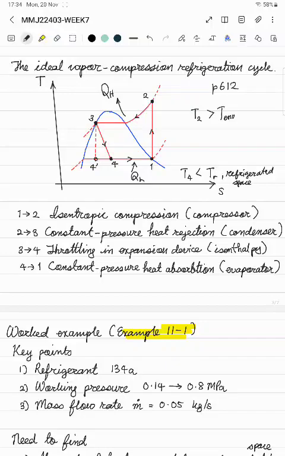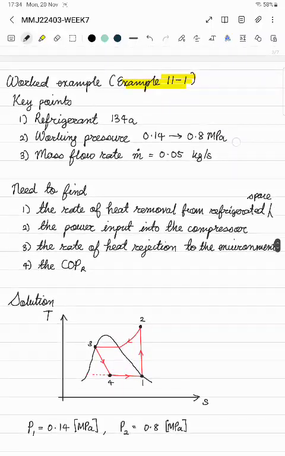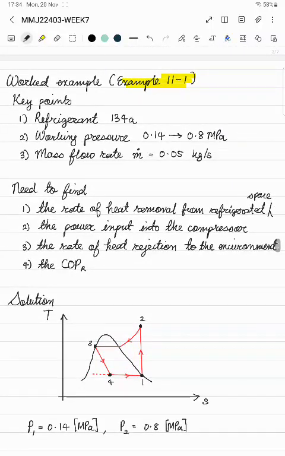Now, for our example 11 and 1, we have 3 key points. The refrigerant is 134A, which is an ammonia-based refrigerant gas, and the working pressure is from 0.14 to 0.8 megapascal, and the mass flow rate for the refrigerant is given to be 0.05 kilogram per second.